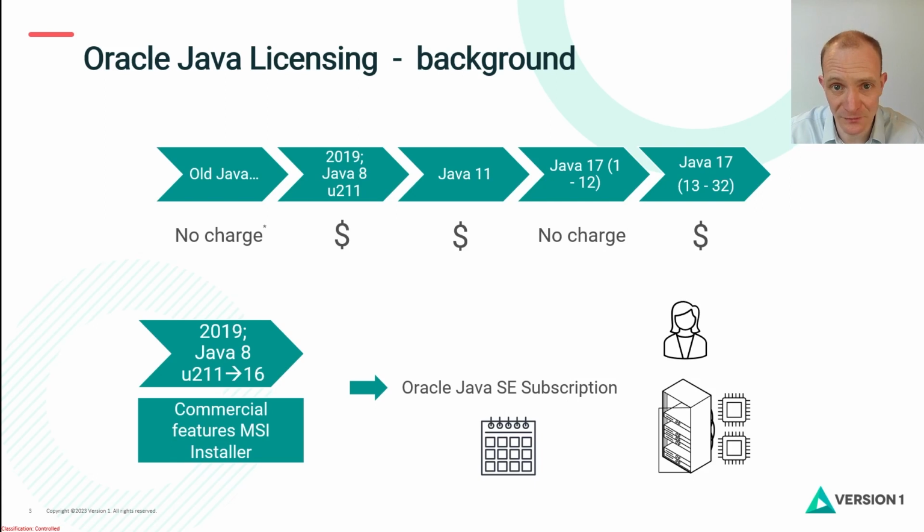That was done on fairly familiar metrics to most people: named user plus, the people who had access to Java, and processors where the software was installed and/or running. It was very familiar from dealing with other Oracle technology products such as database. People had got used to that idea and they understood how they needed to count these metrics and pay Oracle appropriately.